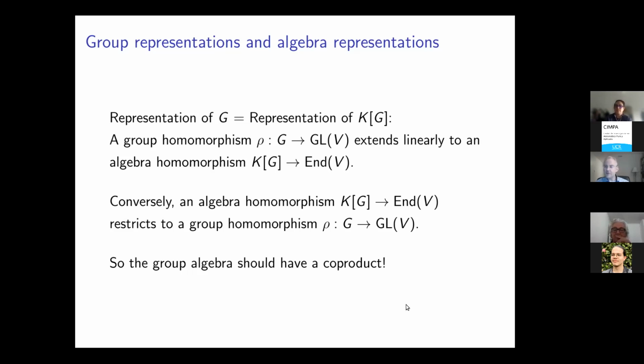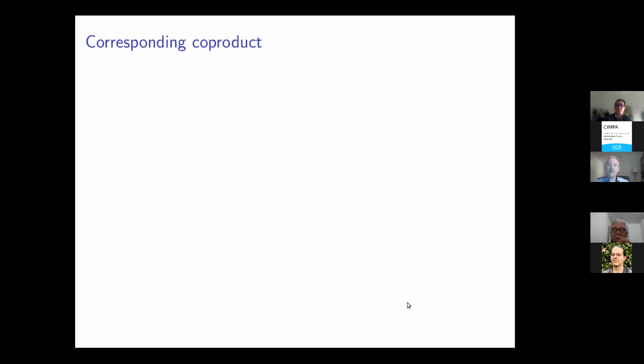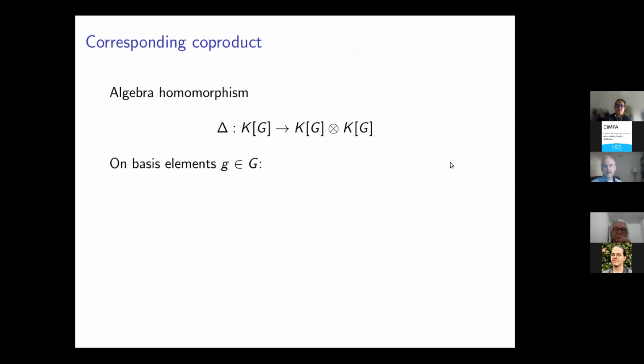Let's discuss how this coproduct actually looks. So the corresponding coproduct must be an algebra homomorphism from the group algebra to the tensor product of the group algebra with itself. And on basis elements, I want to copy how I defined the tensor product of two group representations. So in other words, on basis elements, I want that delta of g is g tensor g, because this reproduces, sorry, this was wrong.